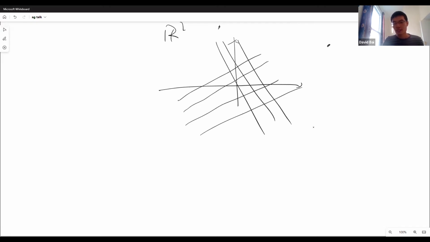So in this case, I only have to add 1 infinity point for each family of parallel lines. How many families are there? We have our origin R2, and for each slope, I need to add 1 infinity point. A slope can take value either in the real numbers, or it can be infinity when the line is vertical.